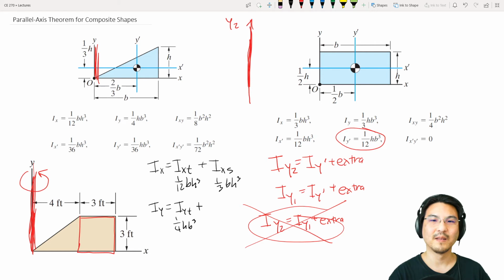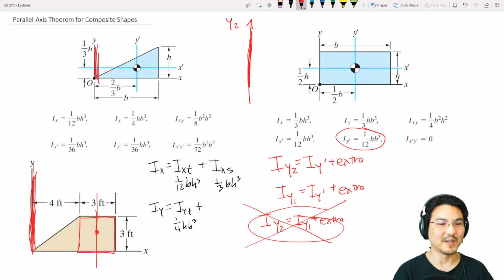We want the square, the centroid is here. Right, so it's not okay to do parallel axis theorem from here to here. It has to be from the centroid to here. So that's 5.5 feet.